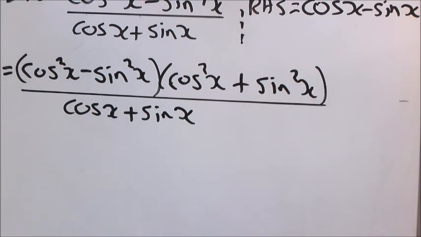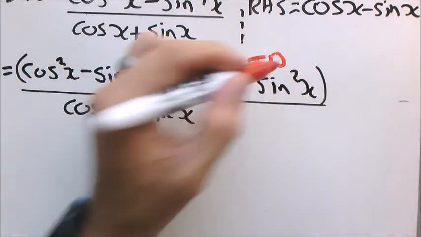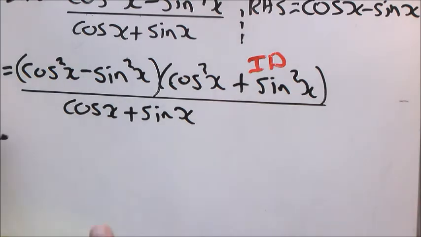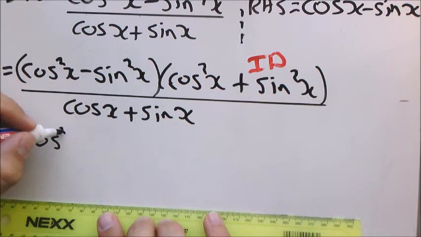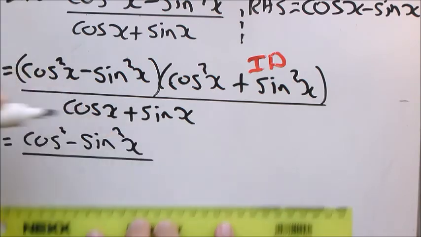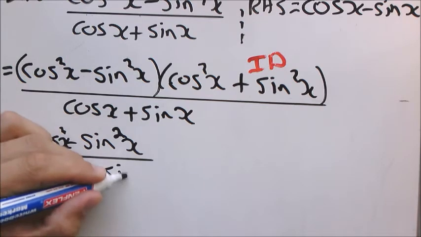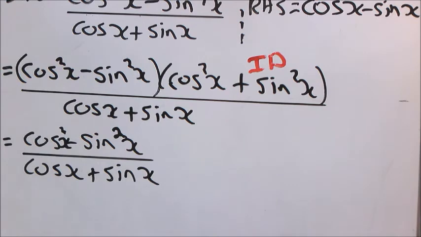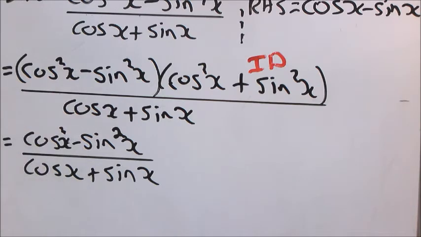You will notice we have an identity over here that's equal to 1. So this will just become cos squared x minus sine squared x divided by cos x plus sin x. Okay, so now the numerator is yet again the difference between two squares.